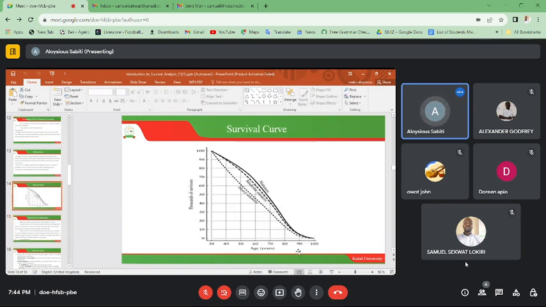From this survival curve, which is just an illustration, you can see that by 100 years we shall not have any person who is a heavy smoker. You can see this curve showing that when we reach about 90 something years, the zero line is at about maybe 95 or 94 around here.